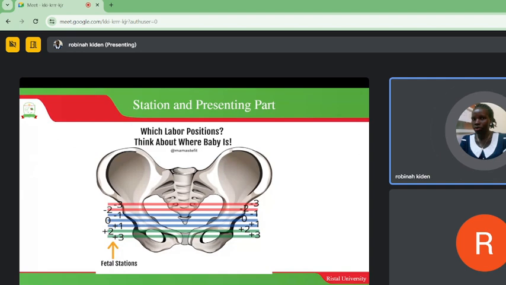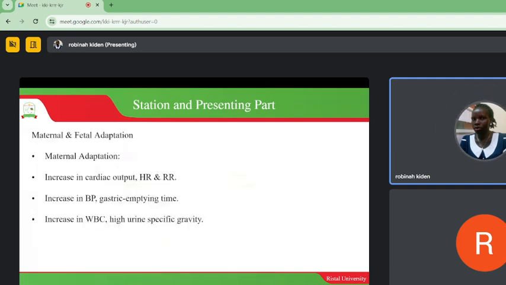Then we move downwards to positive 1, positive 2, and then positive 3. From there, the baby is ready to be born, as it moves to positive 4 and the fetus is ready to be born.